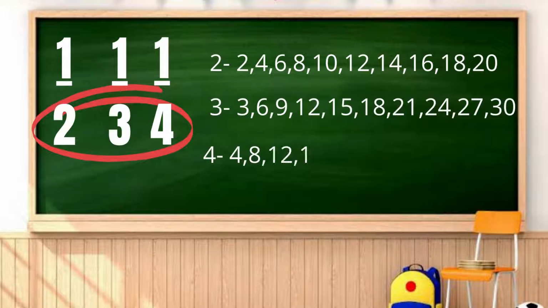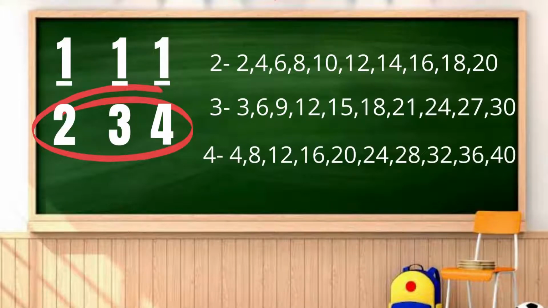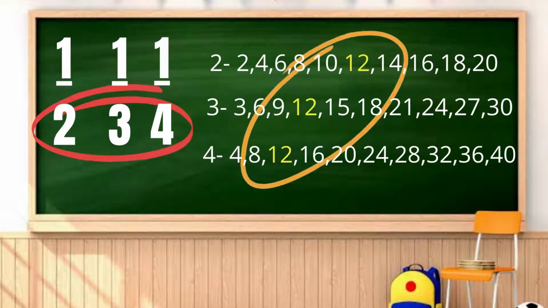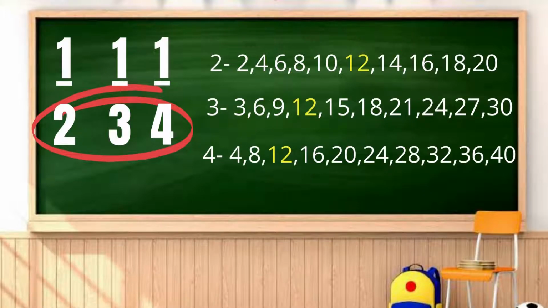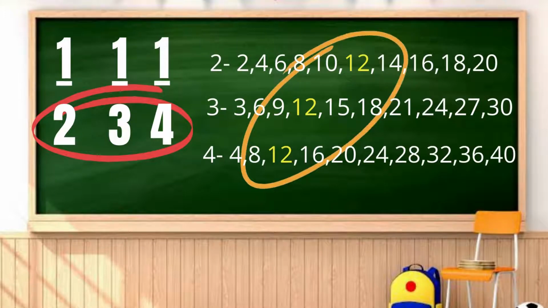The multiples of 4 are 4, 8, 12, 16, 20, 24, 28, 32, 36, 40. Is there a common multiple now for 2, 3, and 4? Yes, there is. It is 12. So therefore, the LCM of 2, 3, and 4 is 12. And 12 is also the least common denominator of 2, 3, and 4.